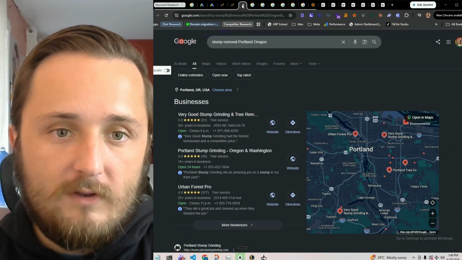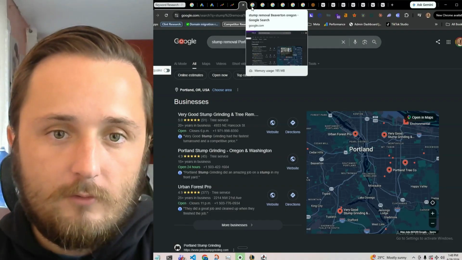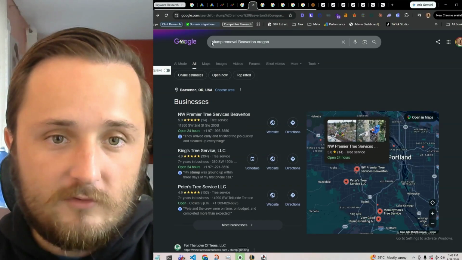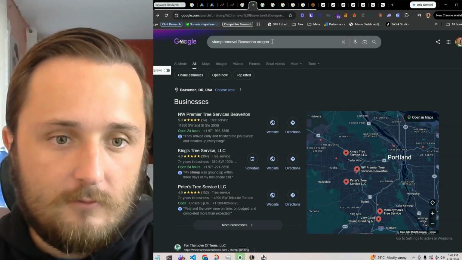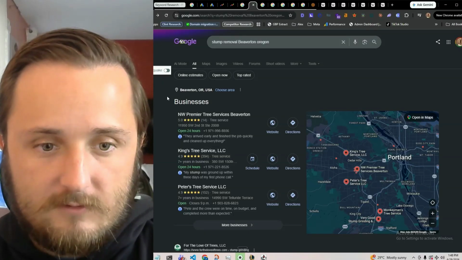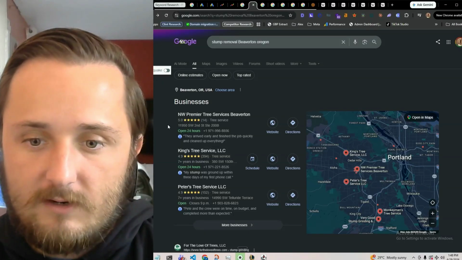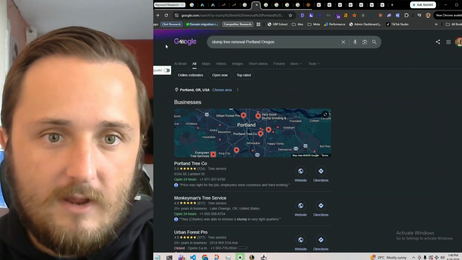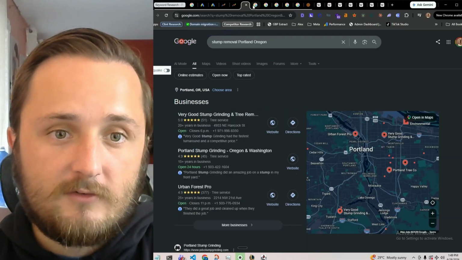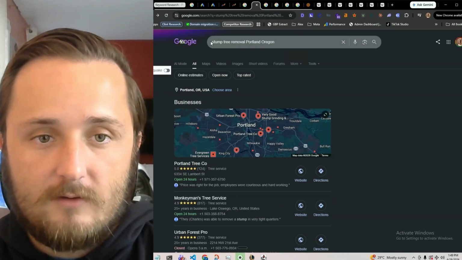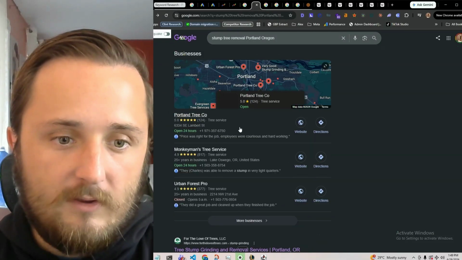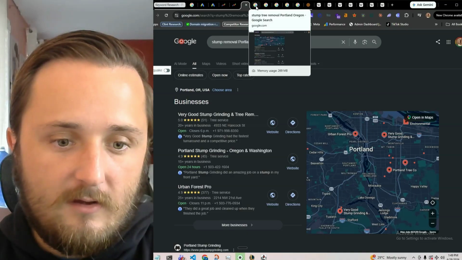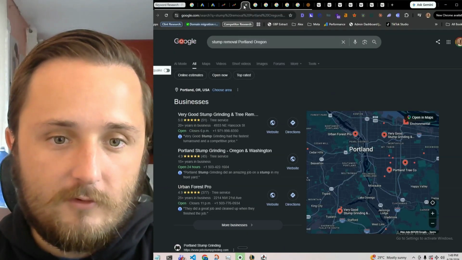So when we do stump removal, Portland, Oregon, and then stump removal, Beaverton, Oregon, we're seeing a little bit of the difference of who is currently ranking in these areas. So now we've got stump removal and we've got stump tree removal, and we can see a little bit of the search results have changed.